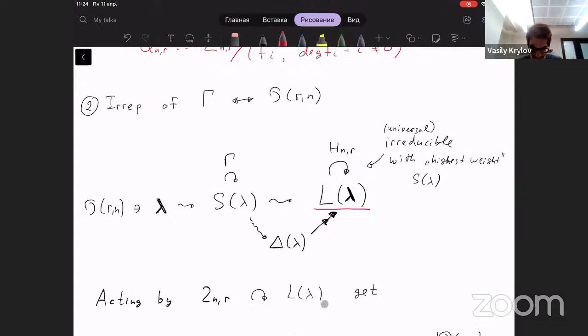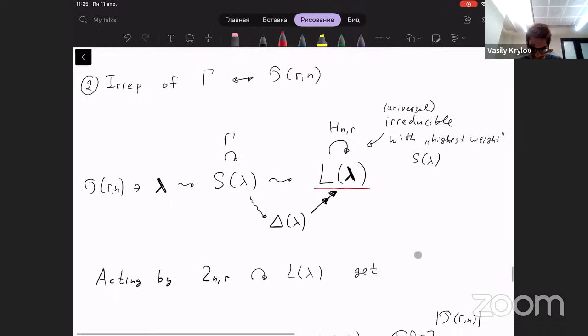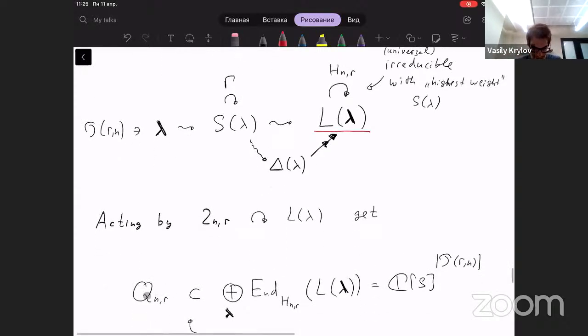Since the center in particular acts on the highest component of L of lambda, it's easy to see that this action factors through the action of our Q_{n,r}. So the elements of non-zero degree act by zero.